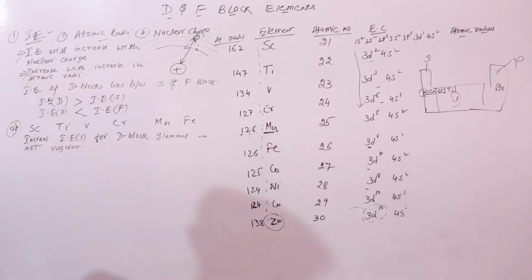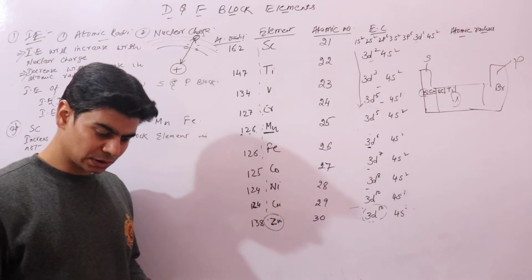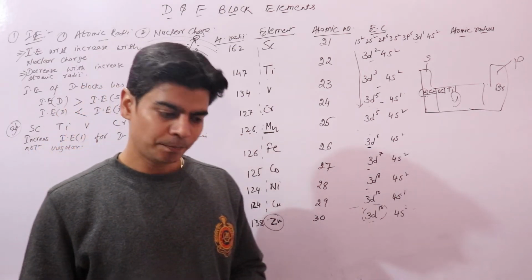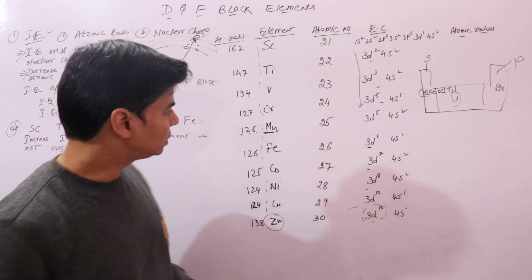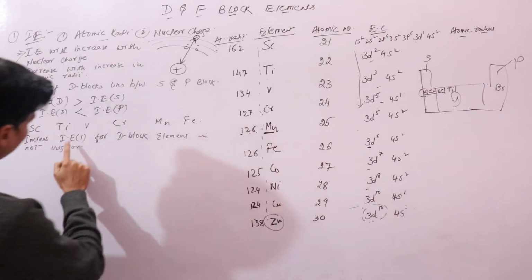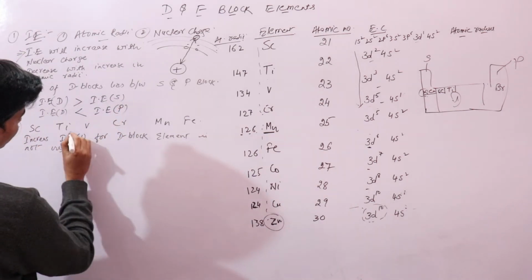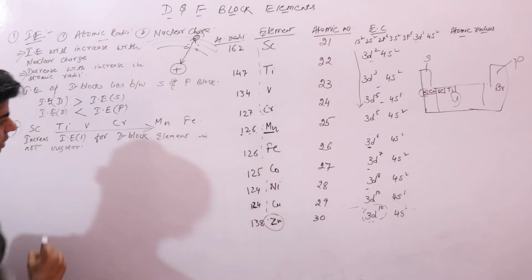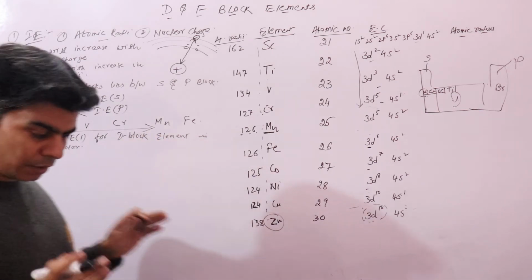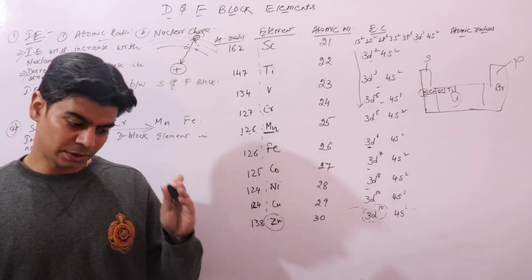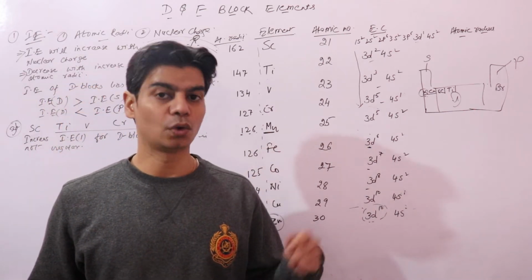When we say not very regular, it means that this increase in ionization energy will slow down as you move further in this 3d series.